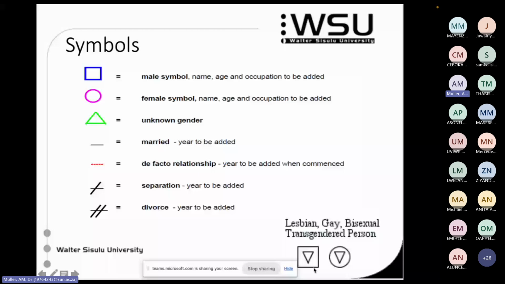So if it is somebody that's a lesbian or a trans man or a trans woman, then just write that in. With genograms, there are no set rules, just general guides on how people do it, and there's actually quite a lot of variety. So it's always helpful to write in to specify if you have one of these more ambiguous symbols.